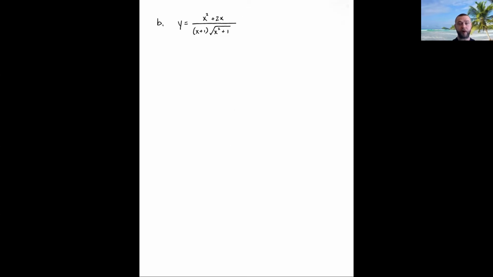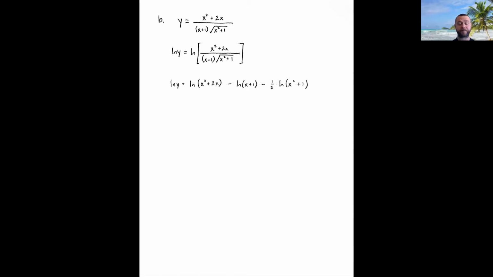All right, let's move on to part B. This one is a complicated quotient. So when we take the natural log of each side, our first step in simplifying that right-hand side is using property 2, the division property. That basically splits this into natural log of the numerator minus natural log of the denominator.